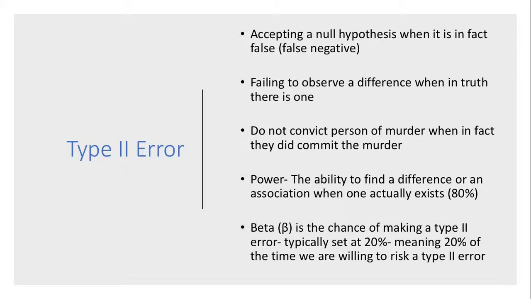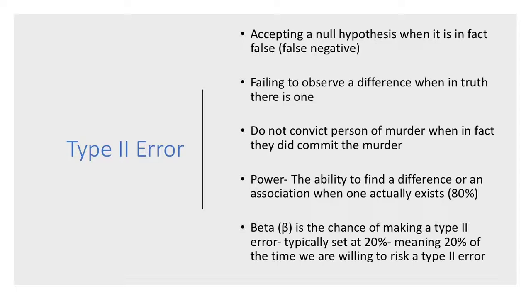And so a term that goes along with type 2 error is power. This is the ability to find a difference or an association or a relationship when one actually exists. And it's typically set at 80% of the time. Another term that goes with this is the beta, which is the chance of making a type 2 error, which is typically set at 20%, meaning 20% of the time we're willing to take the chance of making a type 2 error.